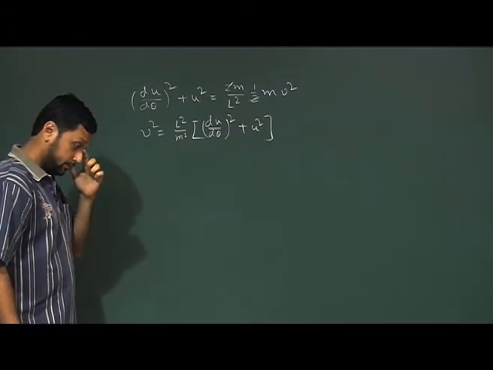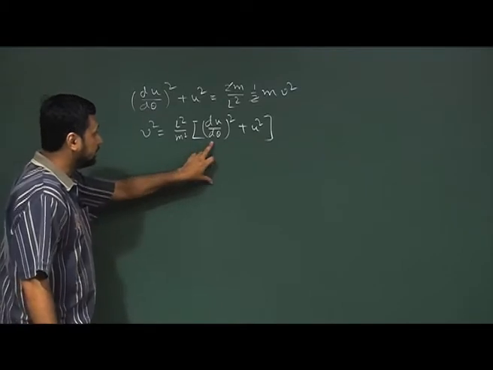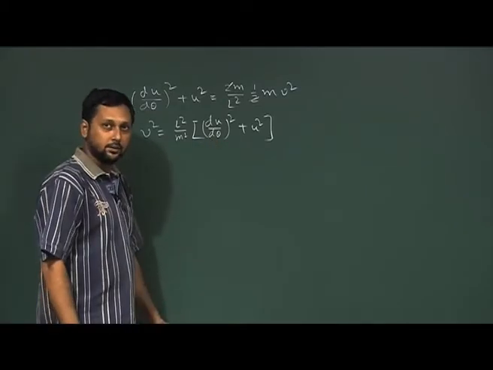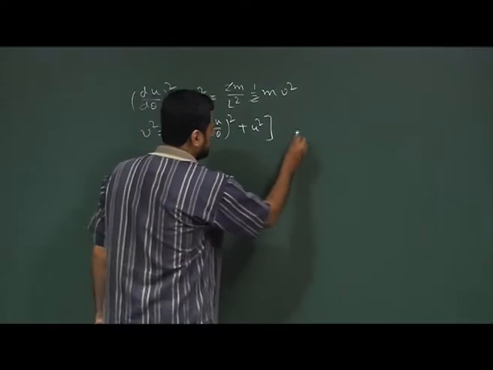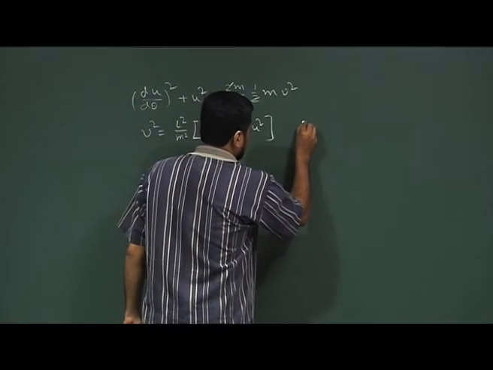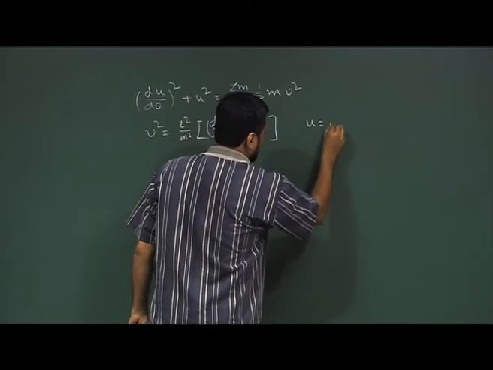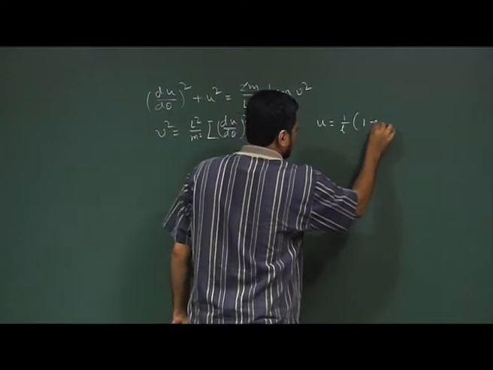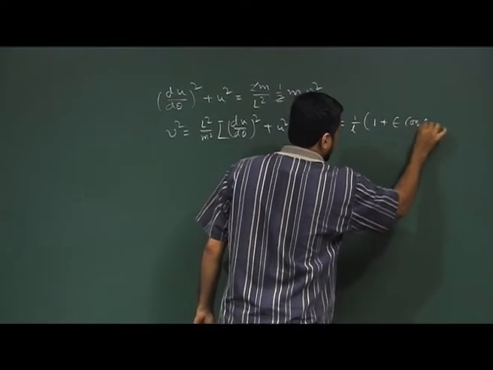Now, we want to see what is the specific form for a conic section. That means, if we consider the inverse square force field, then we know that u = (1/l)(1 + ε cos θ).